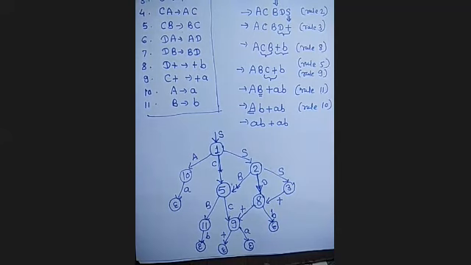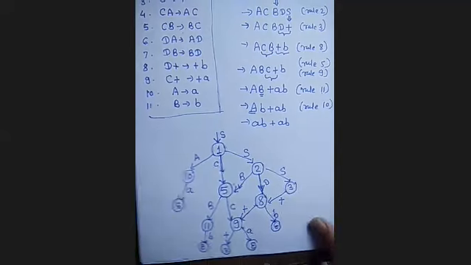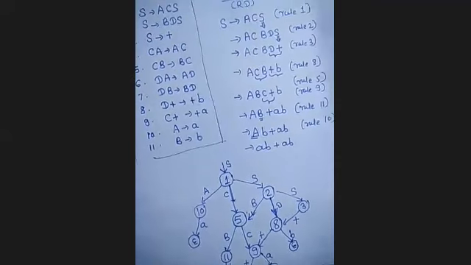Okay. So the last point is generally what? Why are we studying this? Why are we studying context-free grammar? Meaning, what are we considering now? Applications of context-free grammar. Okay. So context-free grammar, as we know, each language has a grammar.